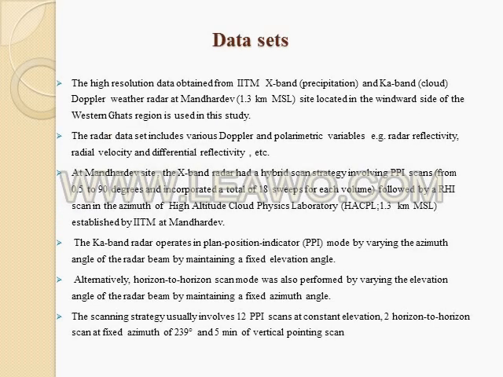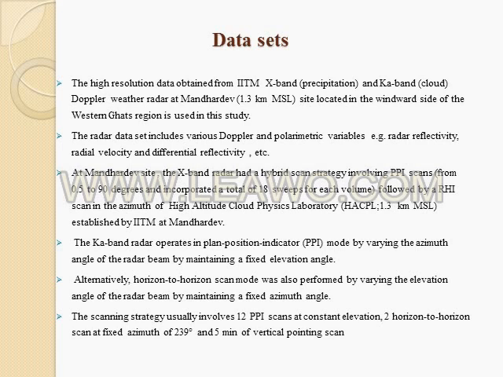So here we have data sets from the X-band and K-band radars, the precipitation and cloud radars, that are deployed at Mandhardev in Mahabaleshwar at 1.3 kilometers above mean sea level.